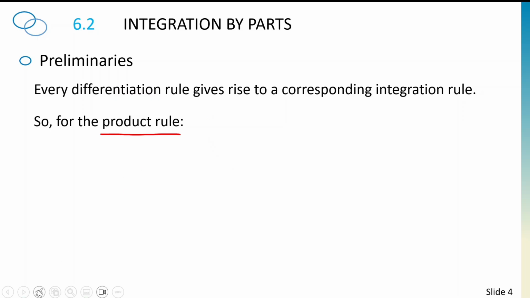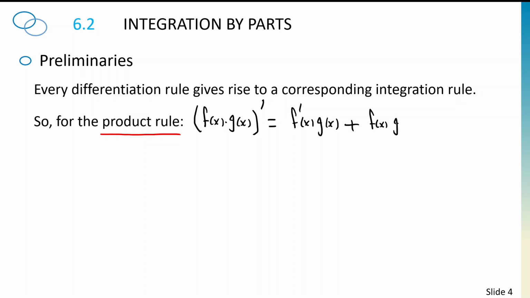If you have two functions, let's say I have f of x times g of x, and I need to find the derivative of their multiplication. The product rule says that this is the derivative of the first times the second, plus you keep the first as is, times the derivative of the second.